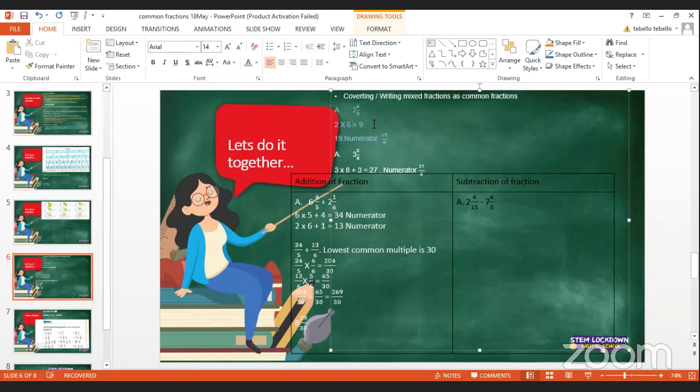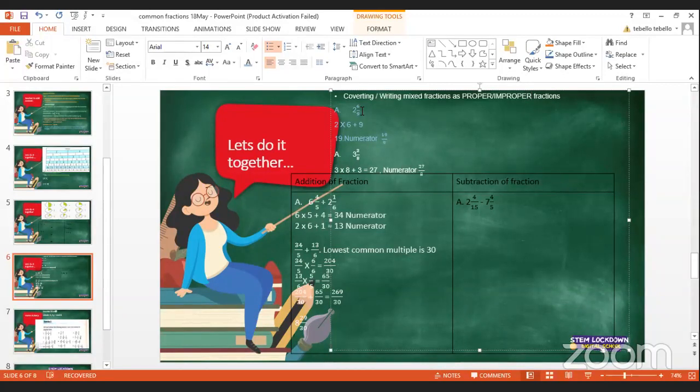To get our common fraction, a proper fraction or an improper fraction. Okay, so we have 2, 6 over 9.